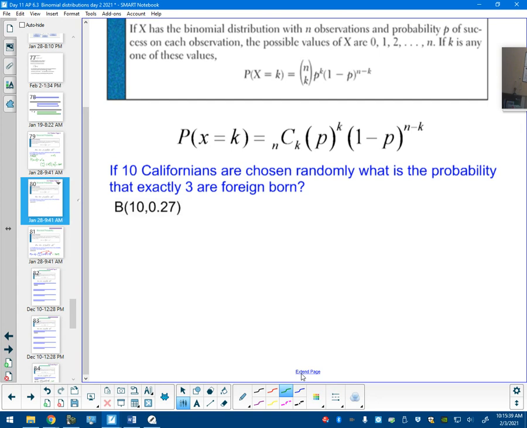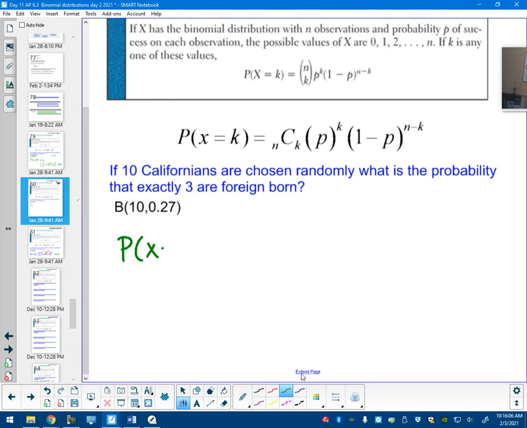You can do it the long way. You can do it a semi-long way in your calculator. You can do it with a pre-programmed command in your calculator, or you can do it with a program that I give you, and I'll show you all of that so you understand. But regardless of what you choose to use, you have to have this notation.